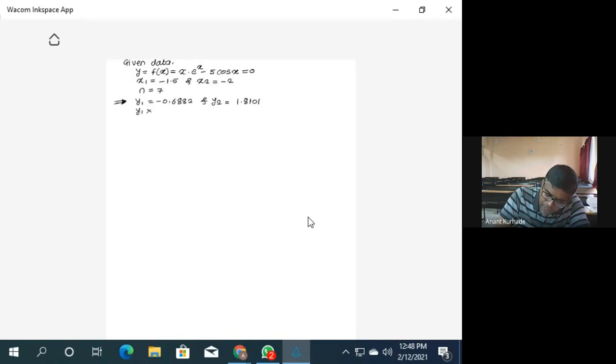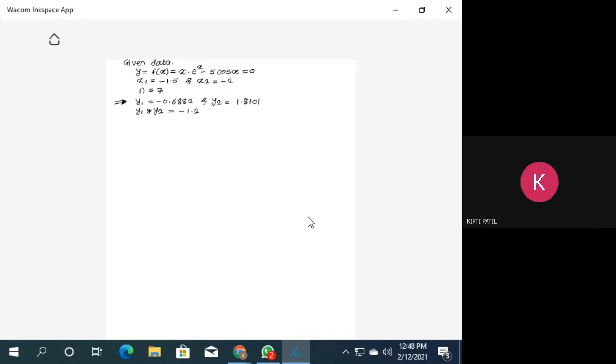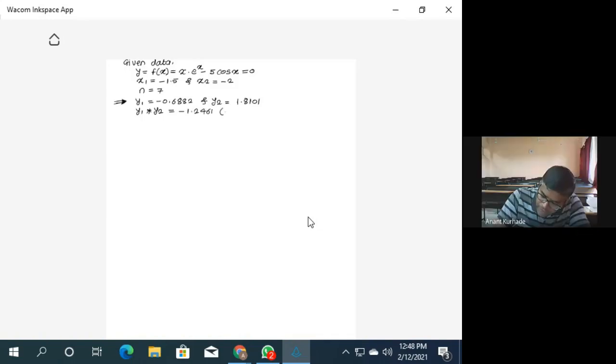So you can write y1 into y2 is equal to minus 1.2461, which is less than 0. So the initial guesses x1 and x2 are correct.